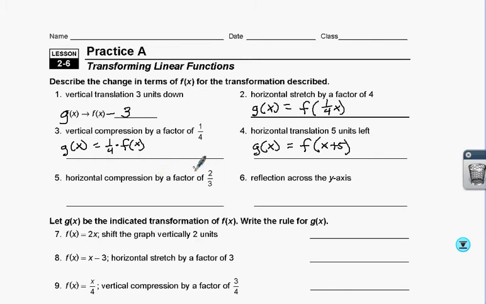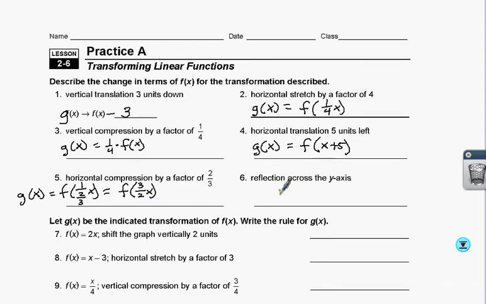Horizontal compression by a factor of 2/3. So here my new function is simply my old function evaluated at 1 over 2/3 x, which is the same as the old function being evaluated at 3/2 x.